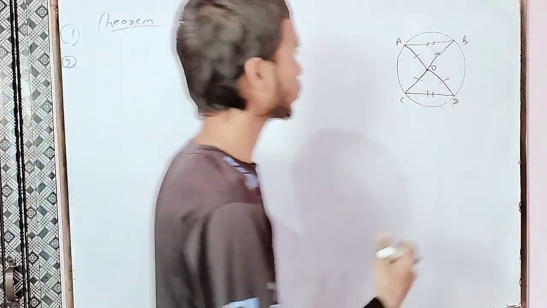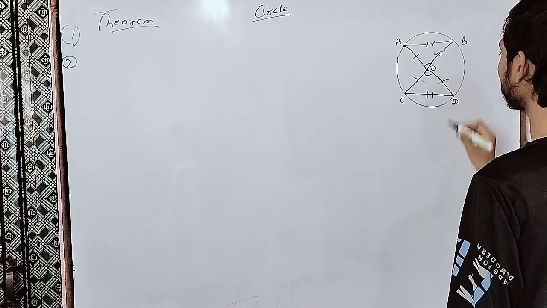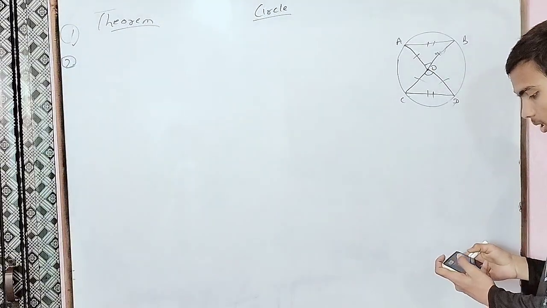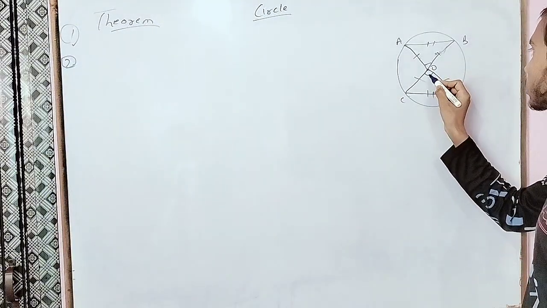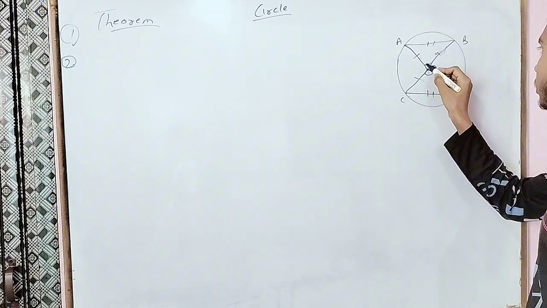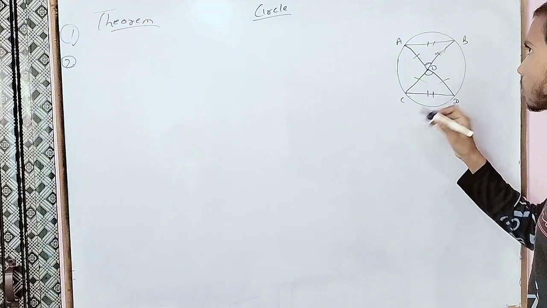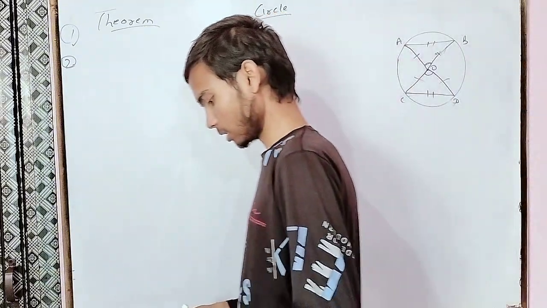So here there were two angles subtended by two radii, subtended angles at the center, and from here the measure of this chord will be equal to the measure of this chord.